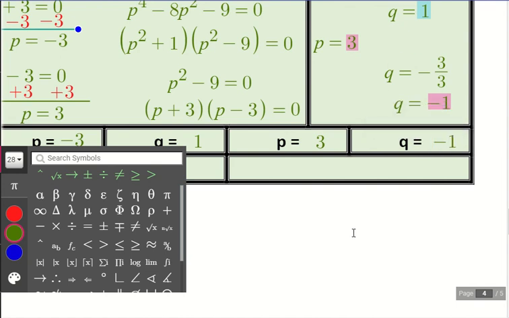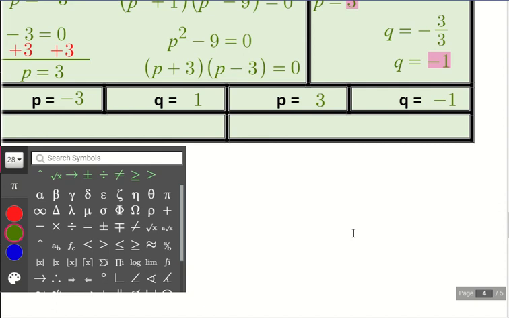The only thing that's left for us to do is write this as a square root. So now the square root of z equals negative 3 plus 1i, or just i.